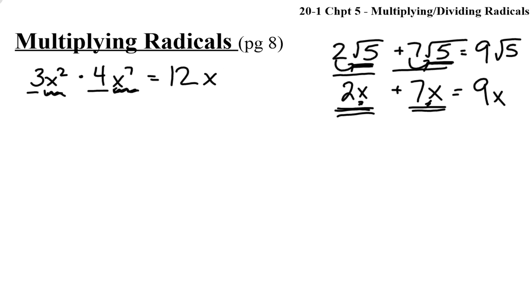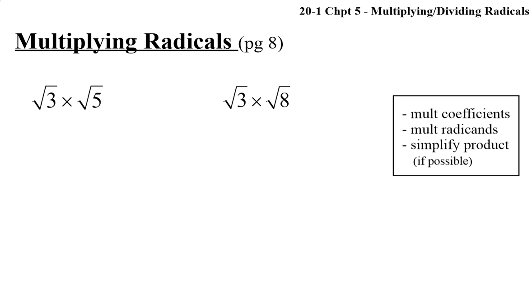We add exponents. So we need to work with coefficients and variable components separately. That's not going to be any different than multiplying radicals. Because what's the first thing we do? We multiply coefficients. Second thing we do is we multiply the radicands. And then we look to simplify if possible.